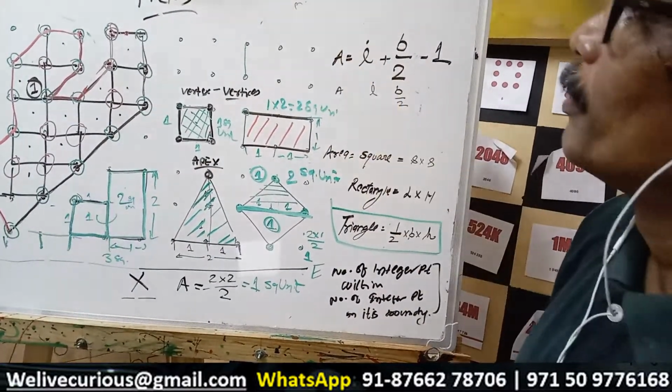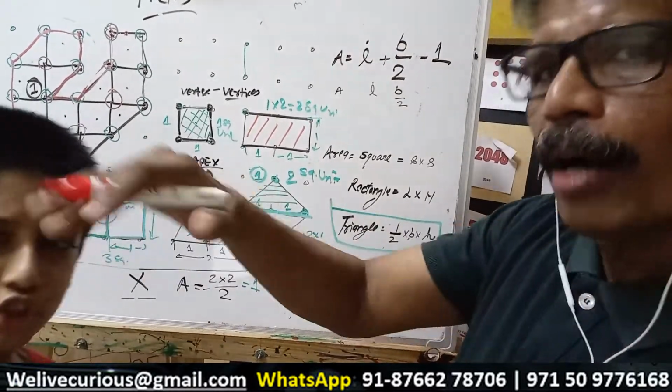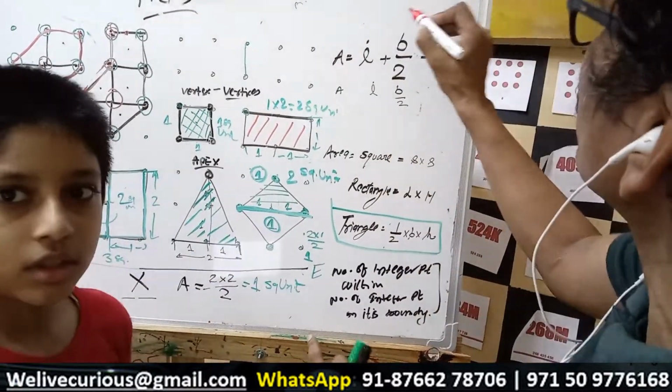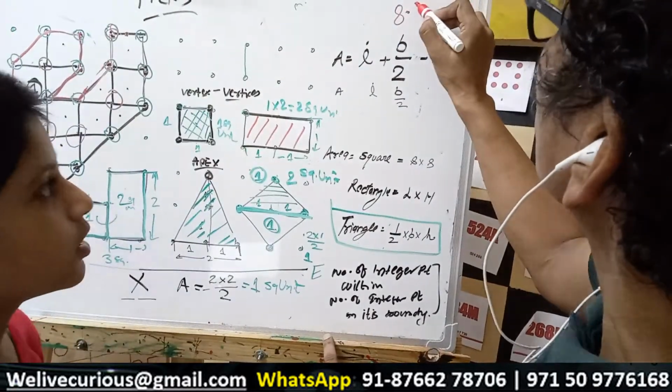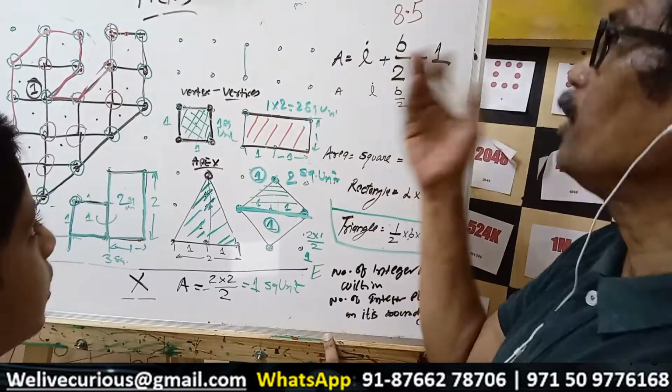Whatever you have, 19, make it half. What is the half of 19? 8.5.